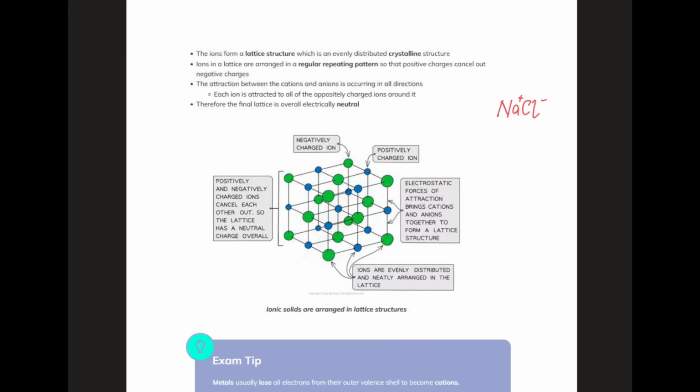Although we write NaCl, it doesn't mean that it is just 1 sodium and 1 chloride. In actual situation, there are so many sodiums and so many chlorides present in the structure.